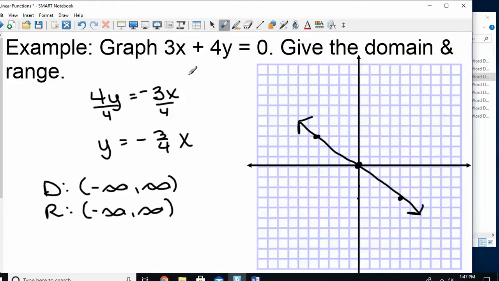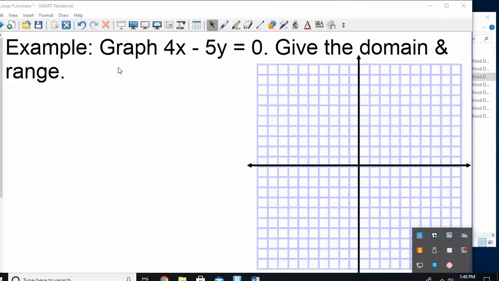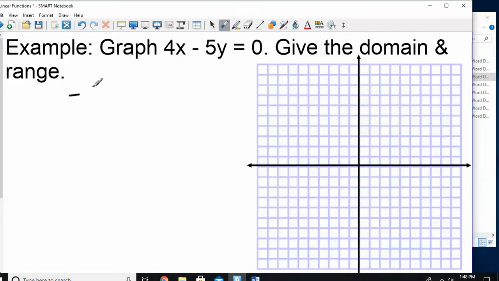Do we need another one like that that's in standard form and we have to graph? Graph that. So in y equals mx plus b, you have y equals 4/5 x.